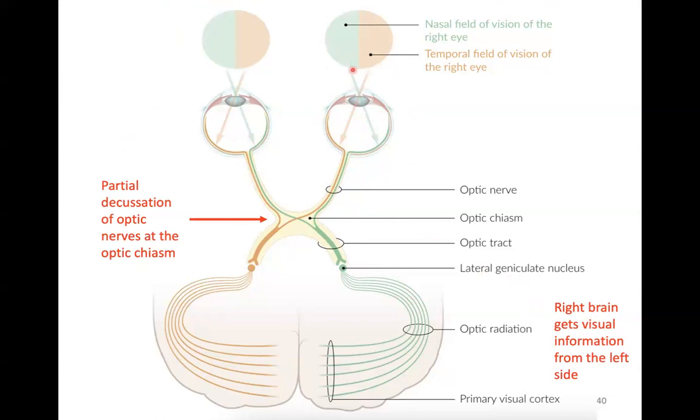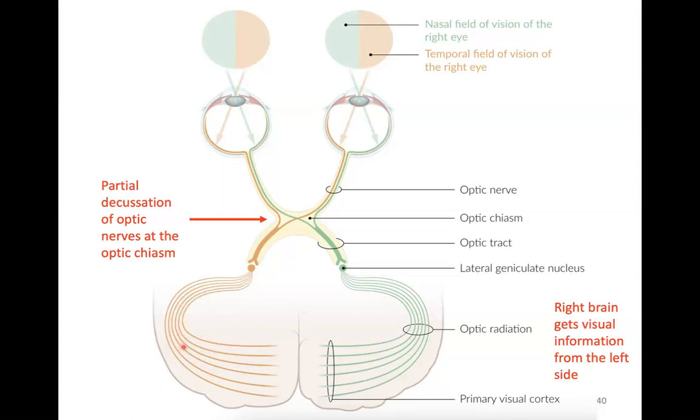To cover the pathways, light lands on the retina, on the fovea, eventually reaches the optic nerve, goes down here, reaches the optic chiasm, partially decussates, eventually goes to the optic tract, and reaches the lateral geniculate nucleus. Now, vision from the lateral geniculate nucleus actually gets transmitted separately through different striations here.